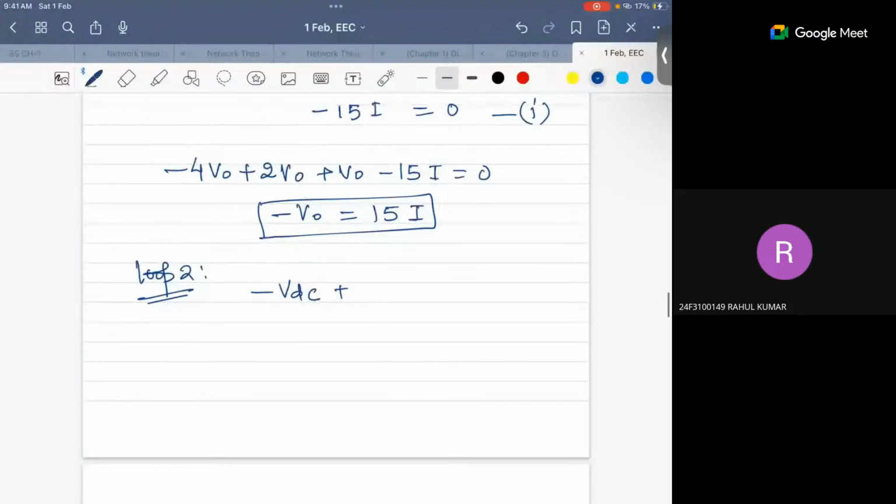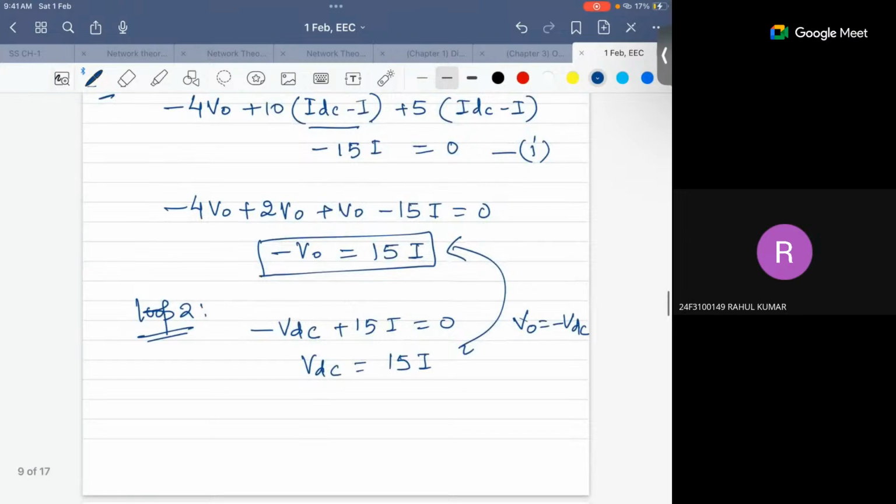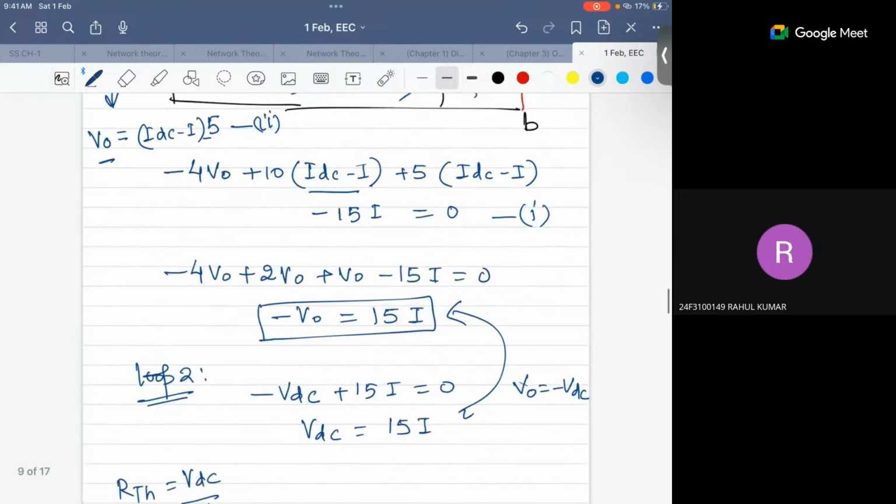So VDC is 15I. To calculate RThevenin, what do you need? VDC and IDC. Is this clear?